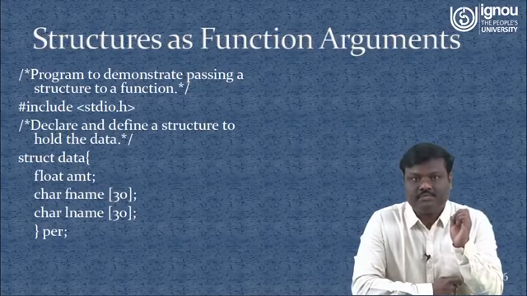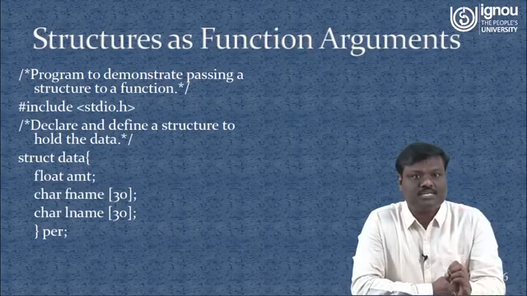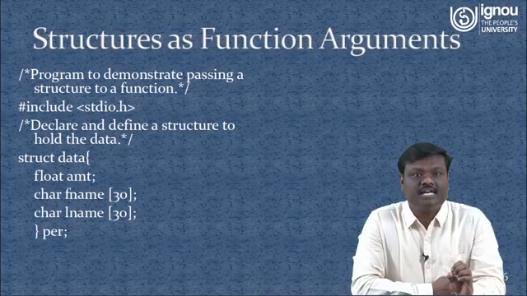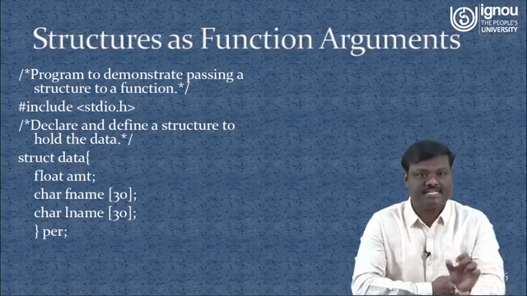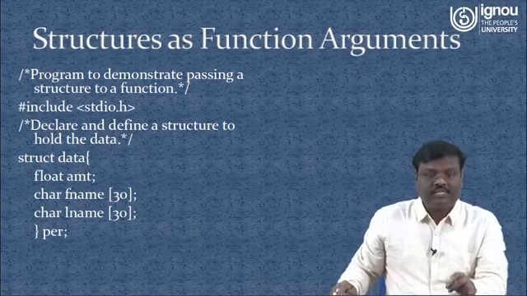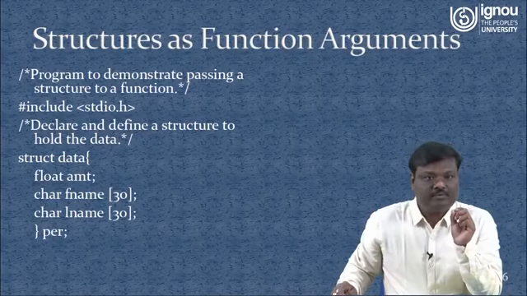So here you can see a simple program is given. Include stdio.h, then declare and define a structure to hold the data. Here PER is the structure variable of struct data type. Then it has 3 members: amount, first name and last name.